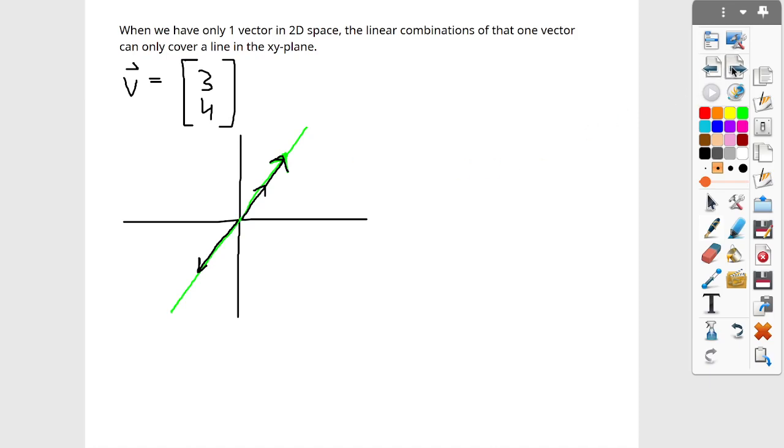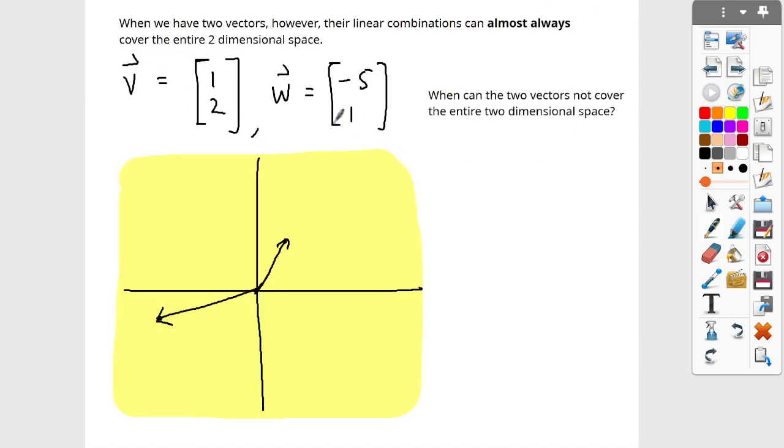By adding, you can actually determine the entire space like this. And the yellow is the entire space of R2. R2 being the xy plane, where x is all real numbers and y is all real numbers. So you can determine the entire plane using two vectors. Not always, but almost always.